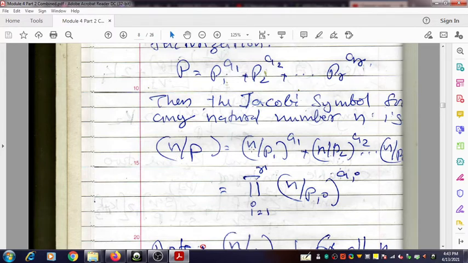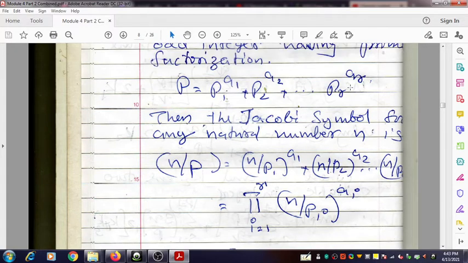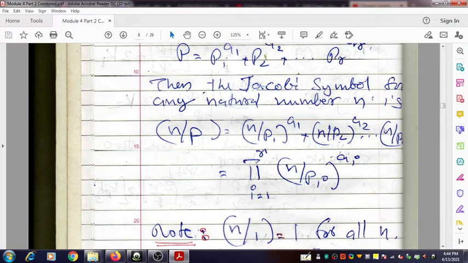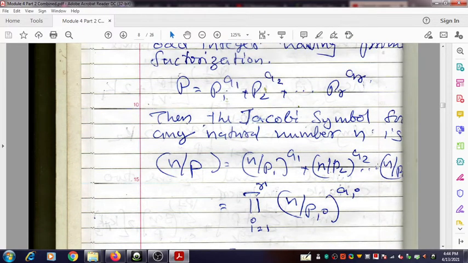(n bar P) equals (n bar P1) raised to the power of A1 into (n bar P2) raised to A2, etc. The last one is (n bar PR), corresponding to this prime factor of P, the whole raised to AR.